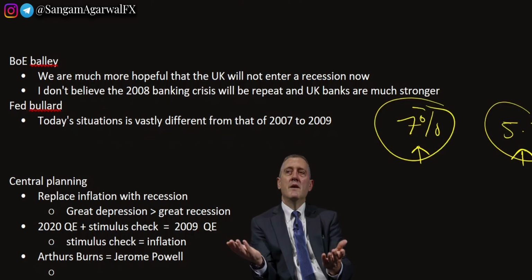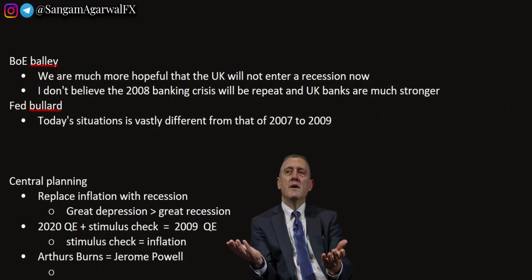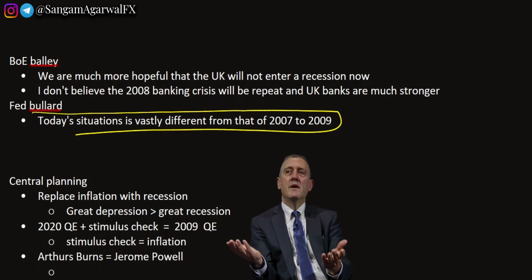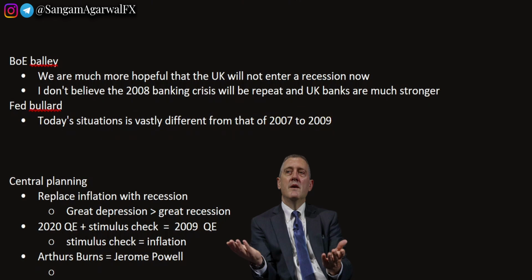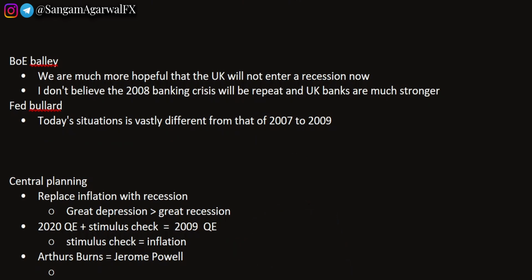Because the person who recommended a 7% terminal rate is now saying that today's situation is vastly different from 2007 to 2009. And all of these central bankers are planning the same recession which we saw from 2007 to 2009.